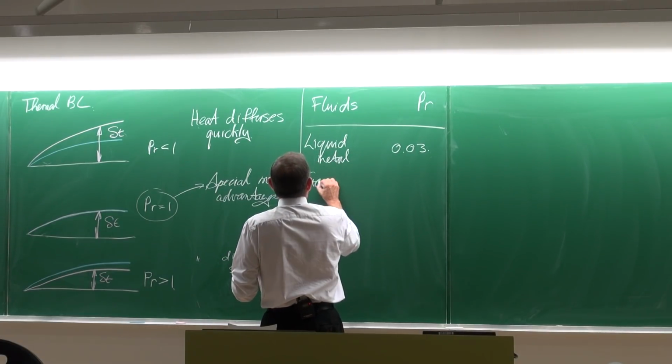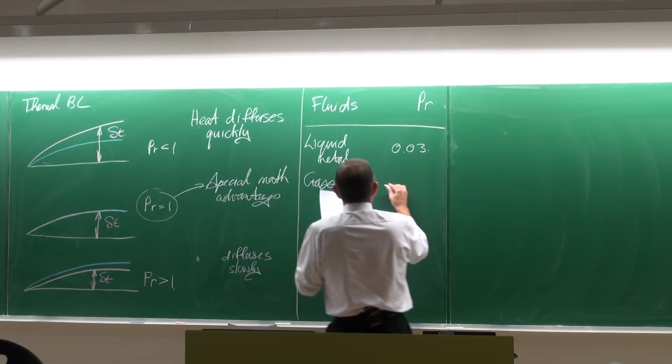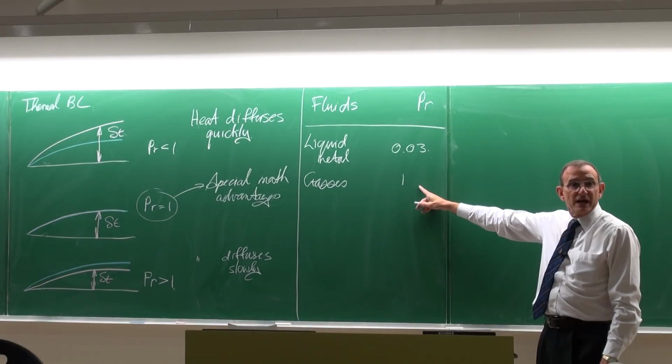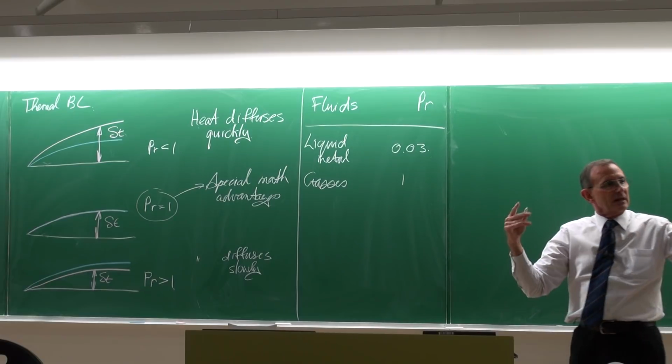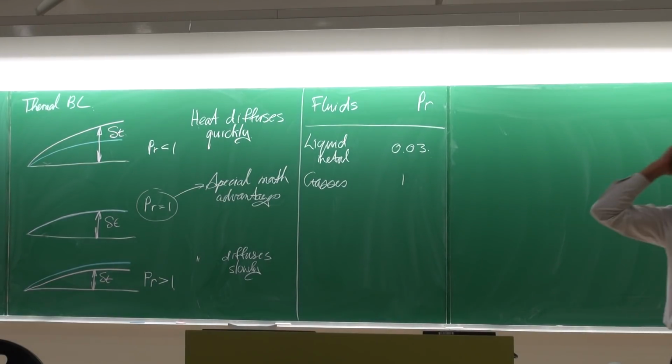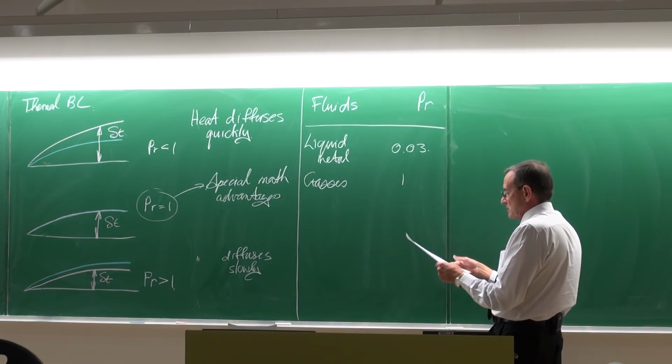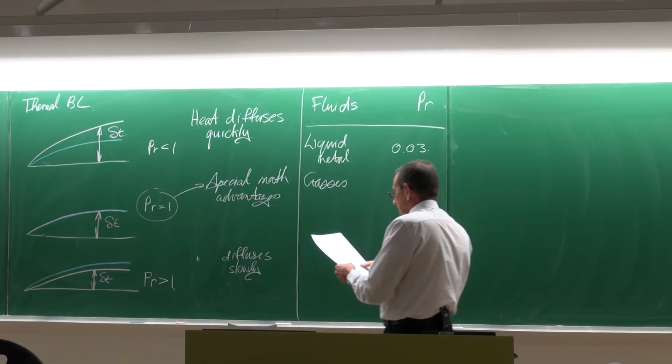Gases have Prandtl numbers of approximately 1 order of magnitude. The Prandtl number of air at 20 degrees Celsius is about 0.7, but many of the gases are of order of magnitude about 1.